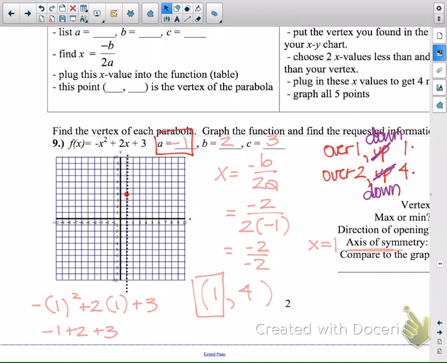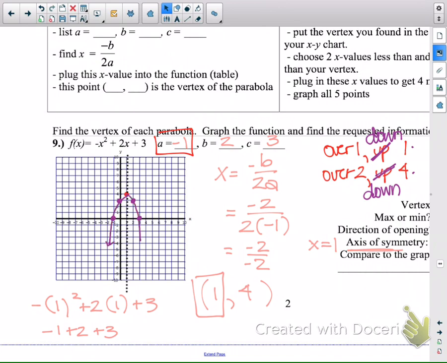So first, I go over 1, down 1, draw a point, over 1 the other way, down 1, draw a point. Second, from the vertex, this is always counting from the vertex, over 2, down 4. So that's going to be over 2, down 4 is right here, over 2, down 4.